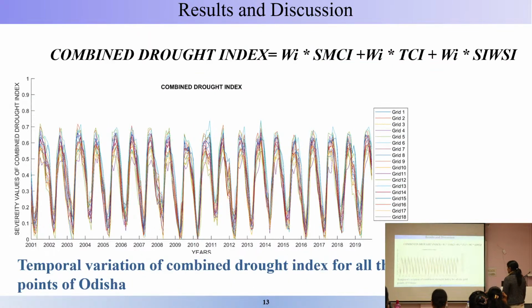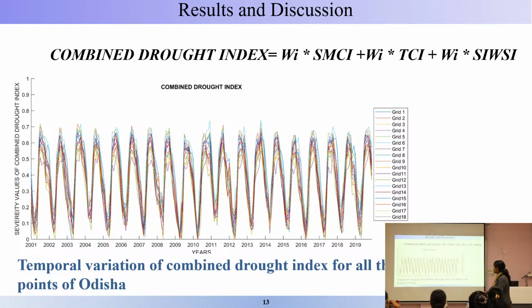Now once we estimate the weights and then calculate the index, the combined drought index can also be plotted for all these 18 locations. So that is the 18 locations and the 2001 to 2020 time series of the combined drought index.